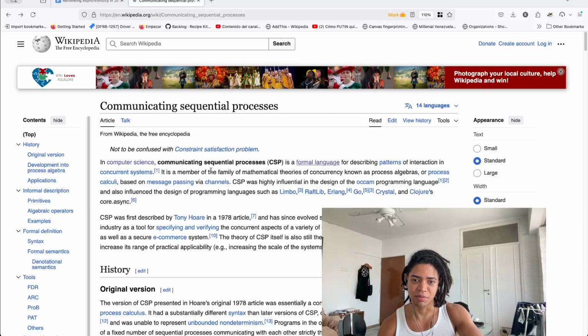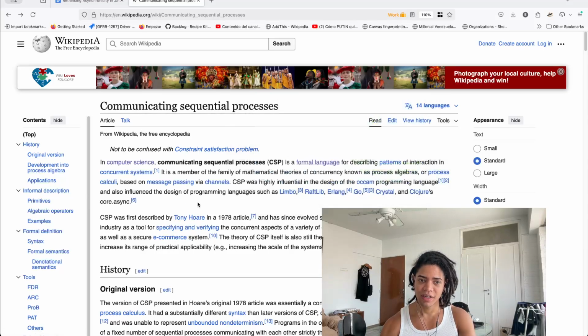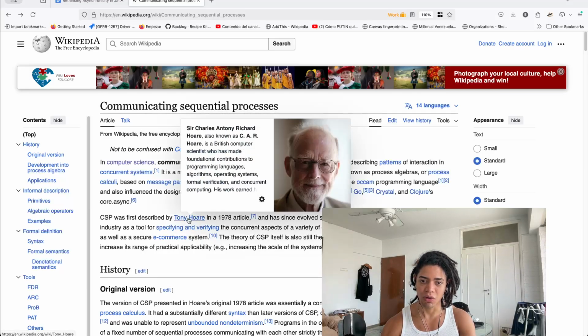I get why Clojure and people from Clojure are now using that. Tony Hoare, shout out to you.